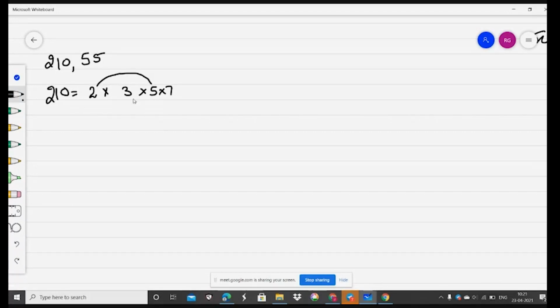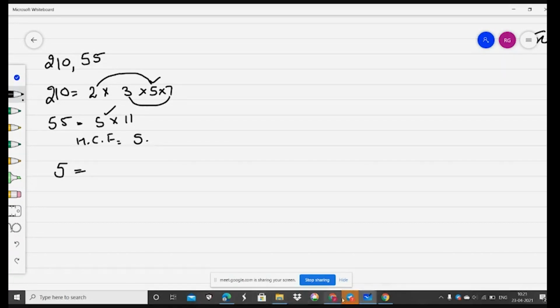Yes, ma'am. 10 and 21. This way I have written. Now 55 can be written as 5 into 11. Therefore, their HCF is equal to 5.